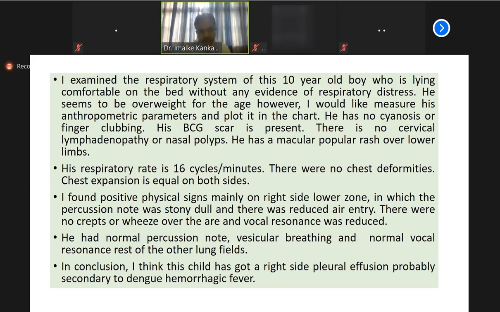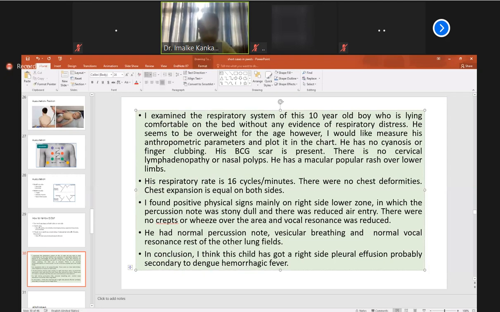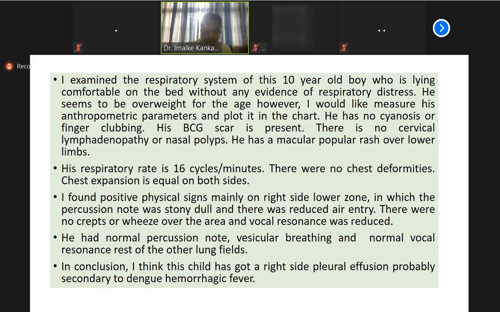I found positive physical signs mainly on the right side lower zone, in which the percussion note was stony dull and there was reduced air entry. There were no creps or wheeze over the area. And vocal resonance was reduced.